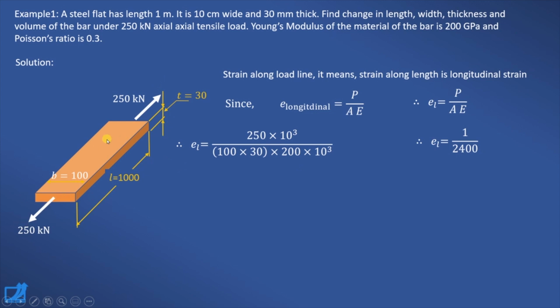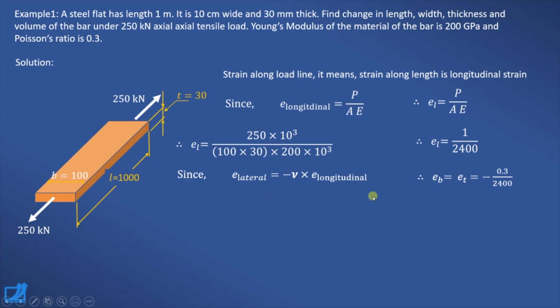It is tensile load. That means there is increase in length. That means longitudinal strain is positive. So it is clear that lateral strain, strain in thickness and strain in width, are negative. Okay. So lateral strain is nu times longitudinal strain. So just multiply this value by nu. And how much is that nu? Nu in the sense Poisson's ratio. It is 0.3. So 0.3 times 1 divided by 2400.